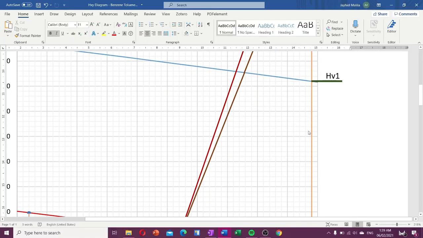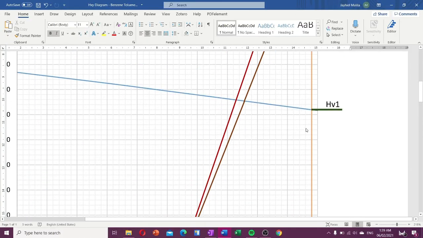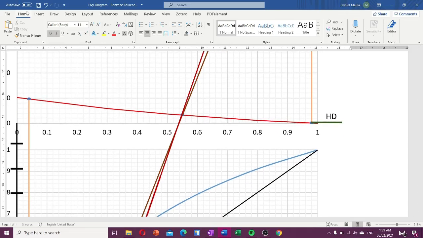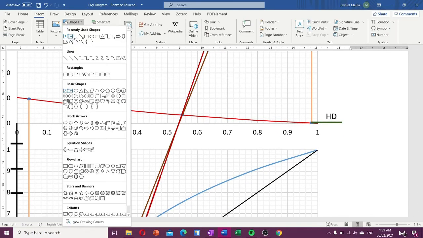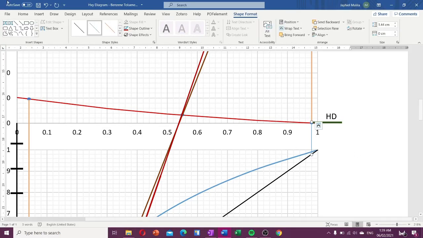But what about the liquid composition exiting that stage? To determine that, we're going to extend the tie line, and extend the vertical line at the bottom and touch the 45-degree line. After that, we're going to create a horizontal line.